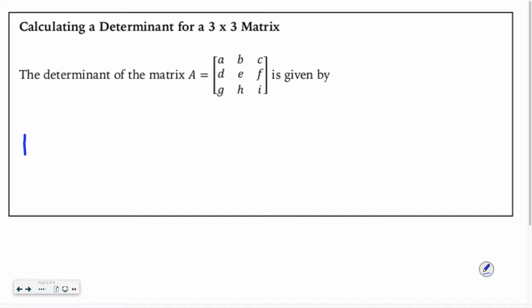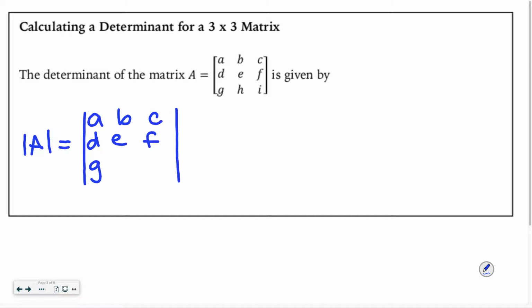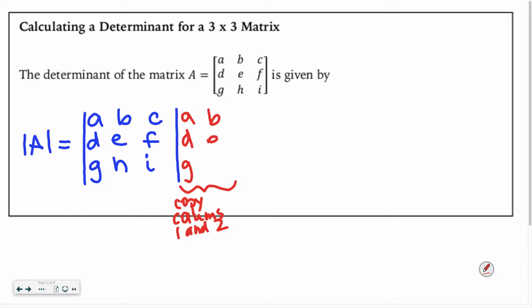So the determinant of A, okay, so I'm going to go ahead and put these slashy bars on my matrix, and our entries are A, B, C, D, E, F, G, H, I. What you're going to do, you're going to take columns 1 and 2, and you're going to copy them right next to your matrix.